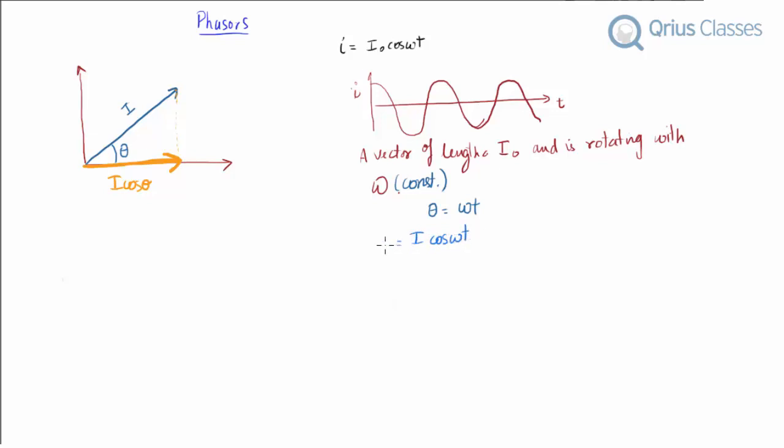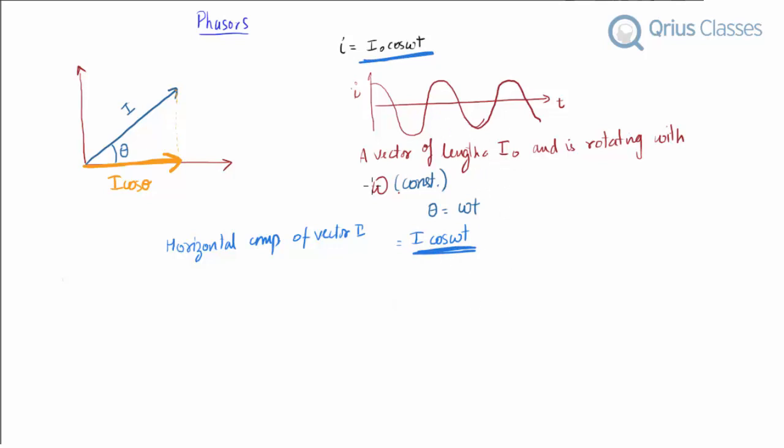Remember, I'm just writing the horizontal component of the rotating vector I. So we see that this equation right here and this right here are the same.